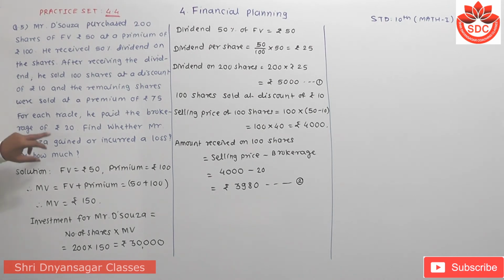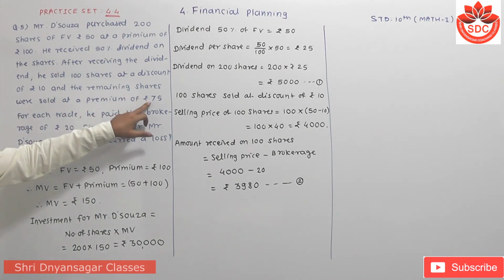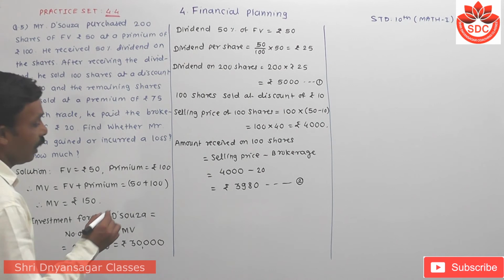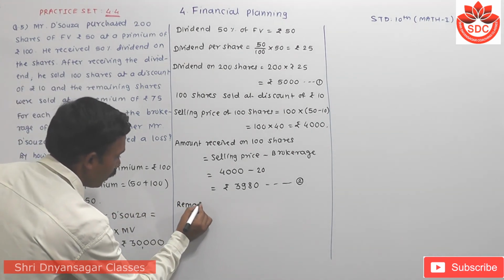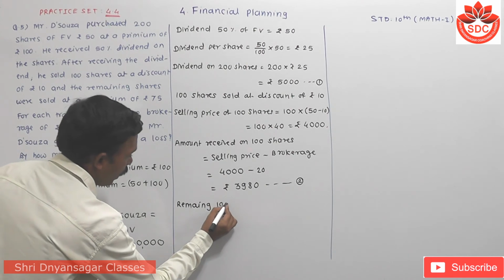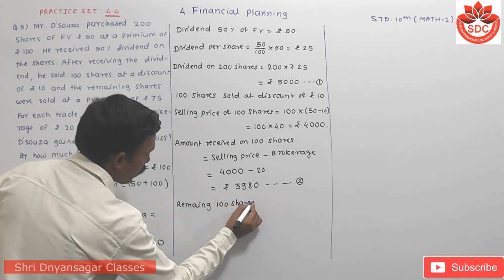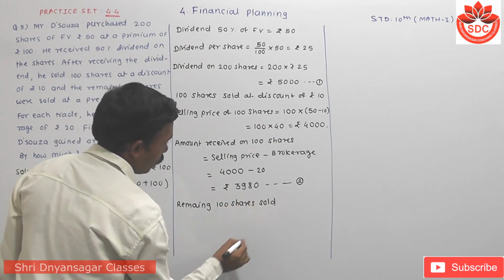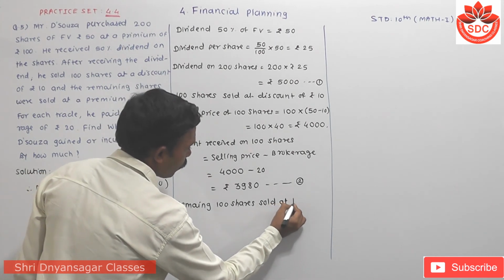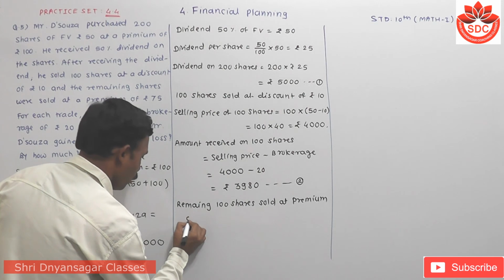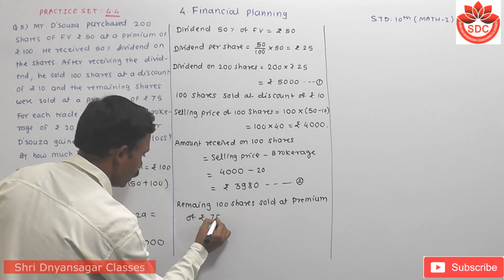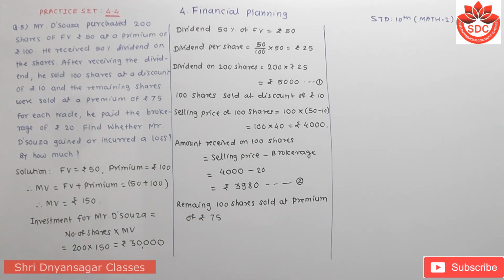Then the remaining 100 shares were sold at a premium of rupees 75. Remaining 100 shares sold at a premium of rupees how much? 75.